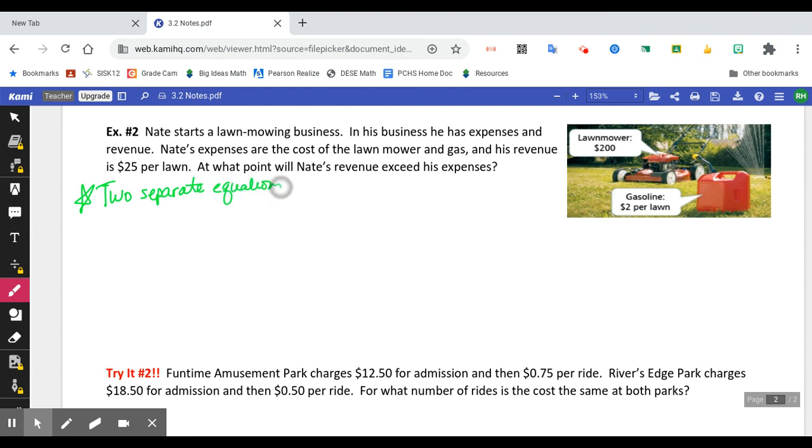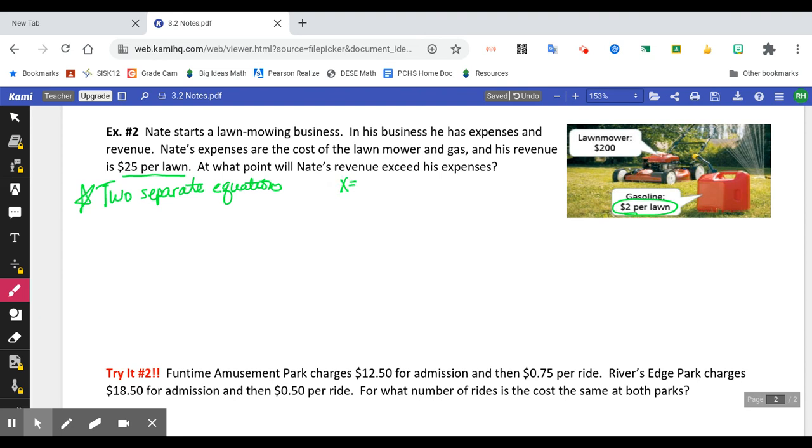And we're going to be solving for x and y, and then we will know after we solve which one we need, x or y. Okay. So when we think about it, it says $25 per lawn and gasoline is $2 per lawn. So x is going to be our slope, or our thing that's happening over and over again.